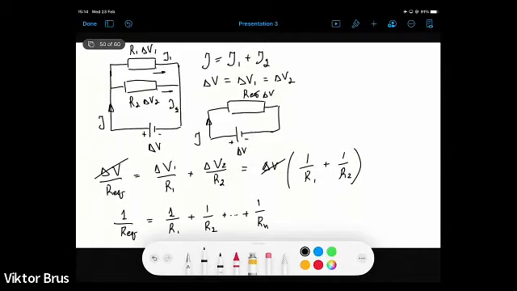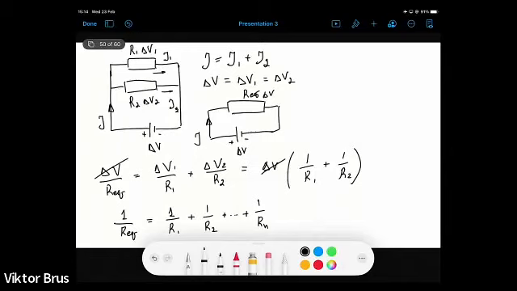So there is a difference between calculating the equivalent resistance for series and parallel connection. This should be taken into account. And also don't mix it up with the rules for calculating equivalent capacitance, because they look similar but opposite.